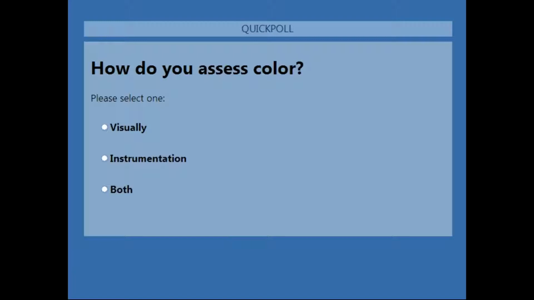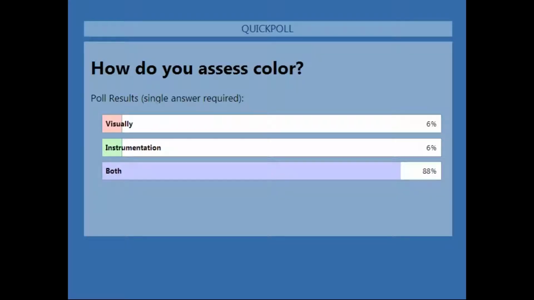Okay, I'm closing the poll and we can analyze the results. Here you go. Colin, can you see the results? No, not at the moment.